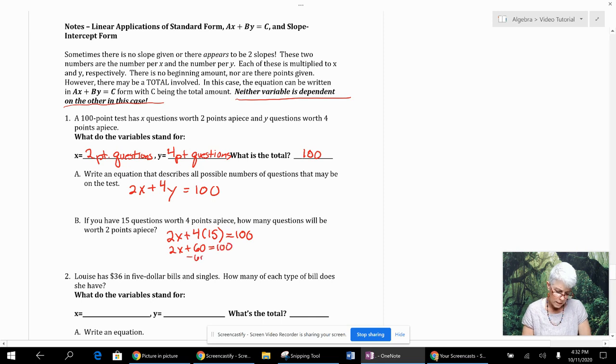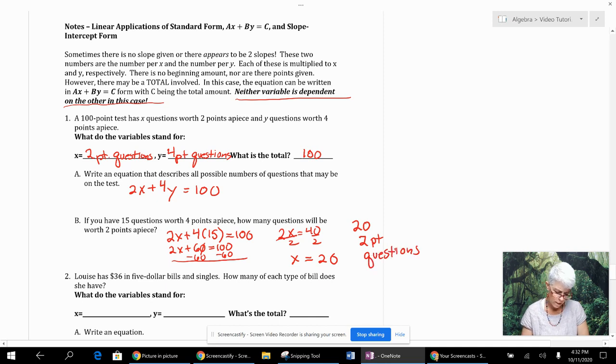We'll subtract 60 from both sides. We have 2x equals 40. Divide both sides by 2. x equals 20. So there's 20 2-point questions.